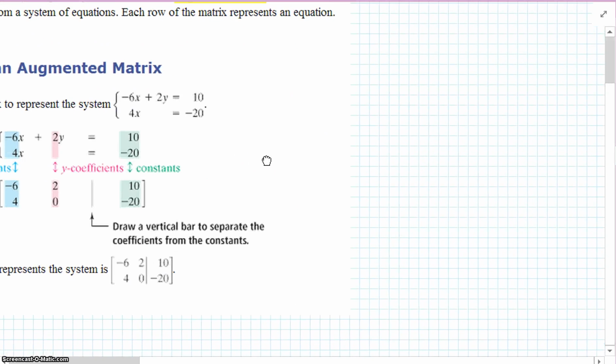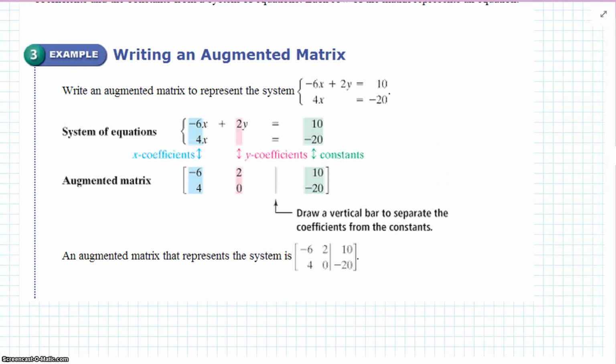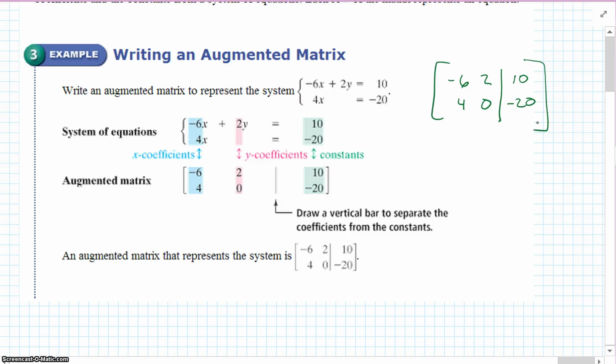So looking at this system right here, negative 6x plus 2y equals 10, and 4x equals negative 20, you could set up your coefficient matrix and your constant matrix, so you could rewrite it as this: negative 6, 4, 2, 0. The vertical line does your separation. The vertical bar separates the coefficients and the constants, 10 and negative 20. So there's your augmented matrix.